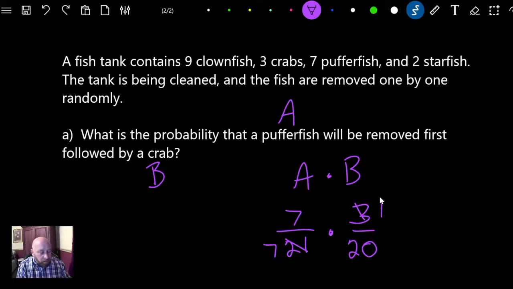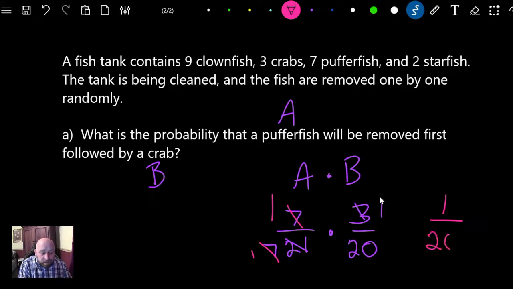Some of you are like, why didn't you reduce that, Mr. Steve? I don't know. I just didn't. But I should have, right? So there we go. I reduced those 7s, and you can do that. You can reduce up and down before you multiply. Some of you thought you could just do cross reduction, but you can reduce the fraction up and down as well. So we have 1 times 1, it's 1, and we have 1 times 20 is 20.